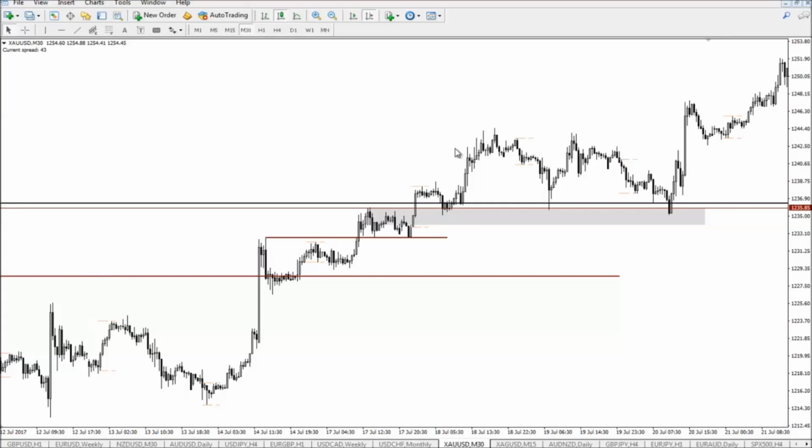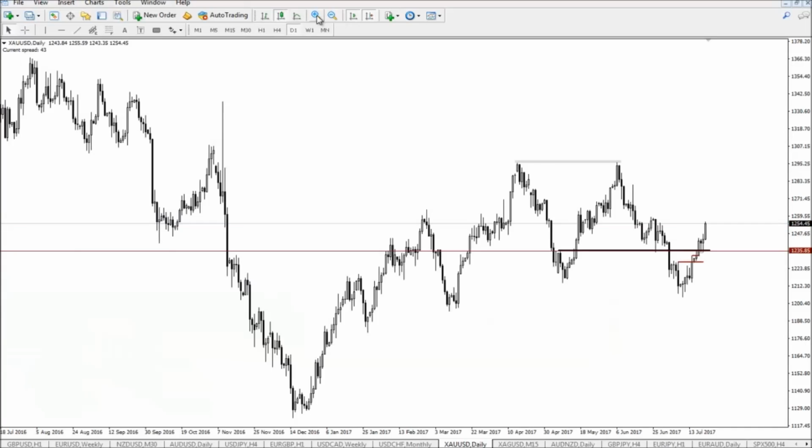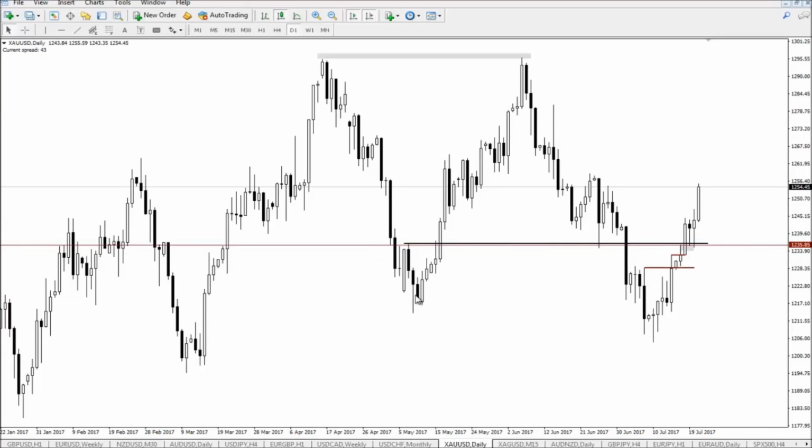I was thinking to myself, why is this finding support at this black level here? Well, they were previously using these three candles here, a 3-day order block, to find buying in, because they came down buying in these candles here that pushed it up. So now they're using that level again. Old levels they used for buying and selling, they use them again.